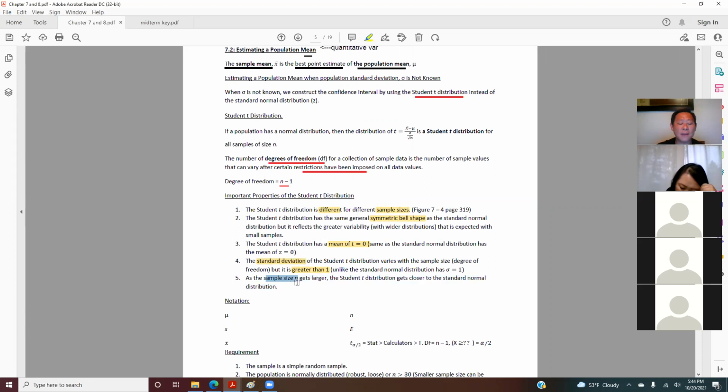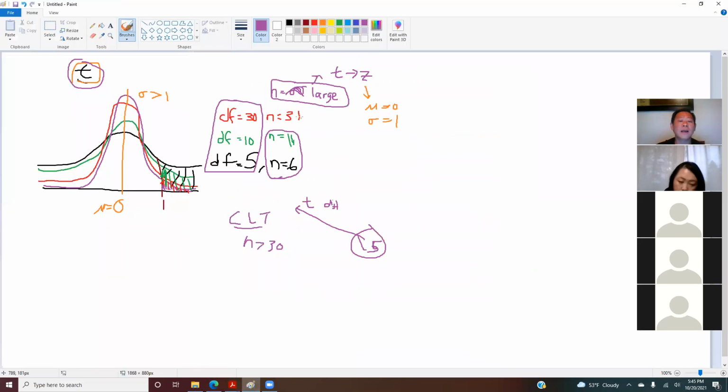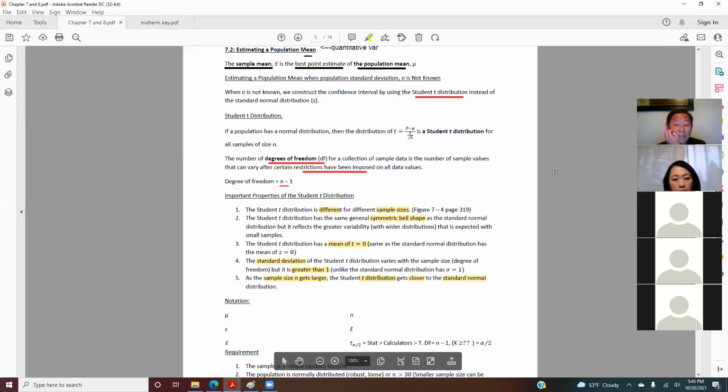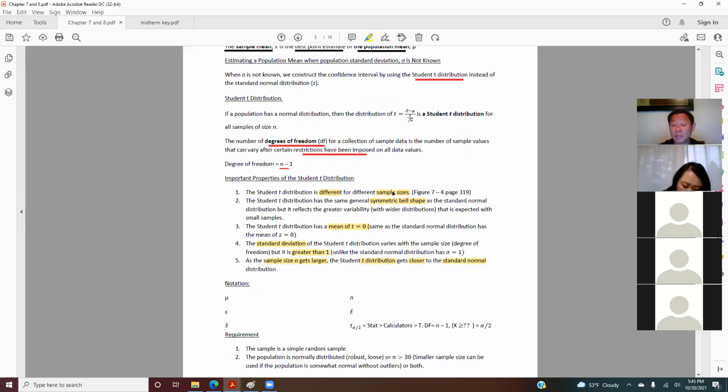And as your sample size gets larger, your t distribution will get closer to the z, the standard normal. So this is what we mentioned early on in this picture. As long as your n is getting bigger, your t will be getting closer and closer to z. And yes, if you go to your textbook on page 319, they have a nicer picture in this case.